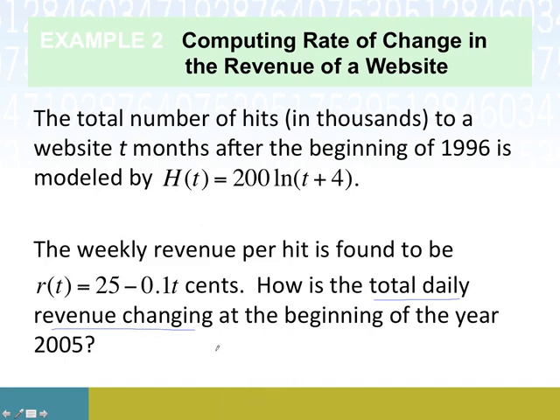So I need to build R, figure out what its derivative is, and then this at the beginning of 2005 gives me a timeline to work with. Beginning of 96 is where t starts out.